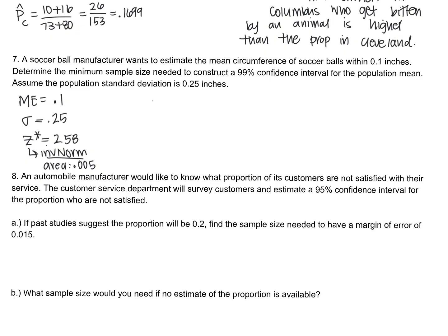And then for our formula, it's our standard deviation, 0.25, times our critical value, 2.58, over our margin of error, 0.1, squared, which is 41.6. Now, we have to always round up. So that's going to be 42, and then our units, which is soccer balls.